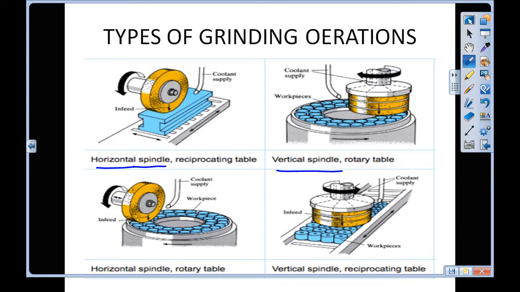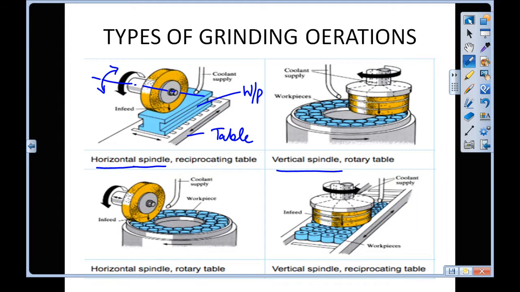In case of a horizontal spindle type grinding operation, the axis of the grinding wheel is in the horizontal plane. So this is the axis. About this, the grinding wheel is rotating in the clockwise or anti-clockwise direction, and this one is the workpiece which is fitted on the reciprocating type of table.